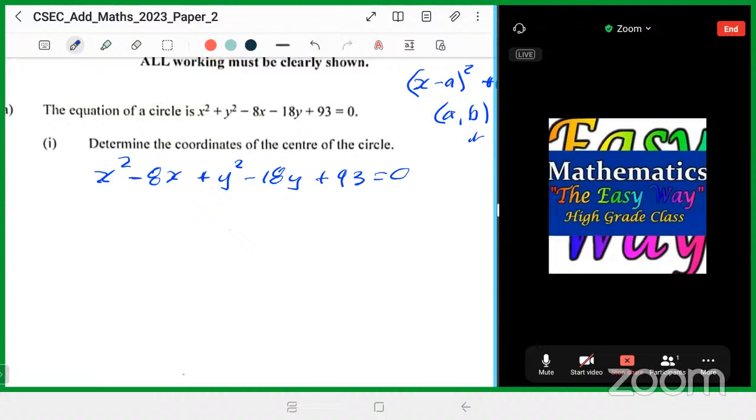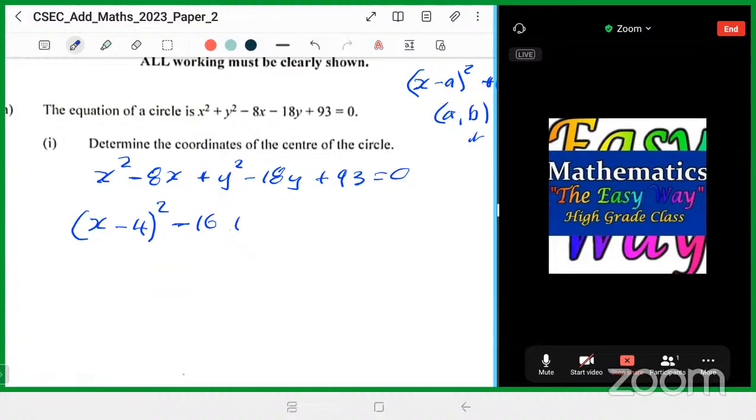I want to complete the square of these two expressions. Since the coefficient of x squared is already 1, I can just proceed and do (x minus half of this, which is 4) squared. Then I subtract the square of this 4, which is 16. So I've completed the square of this expression. I need to complete the square of this one now.